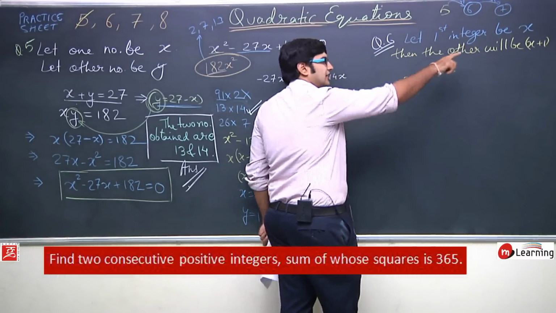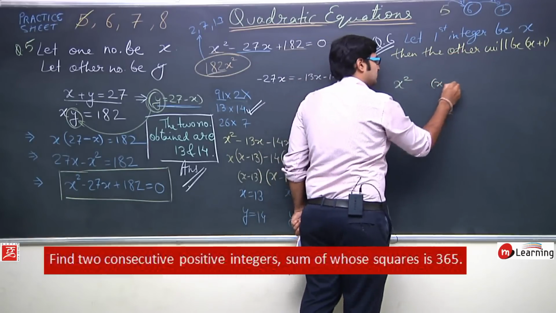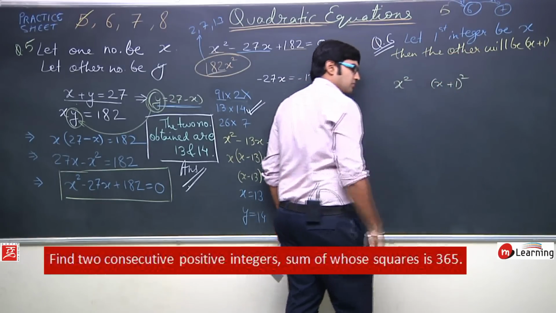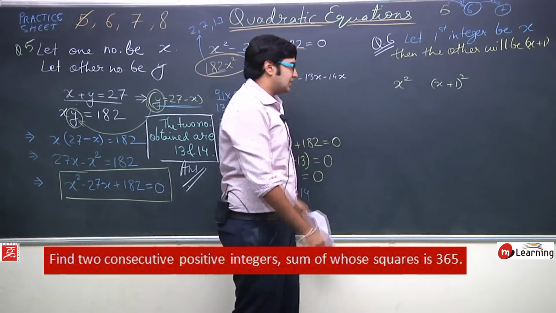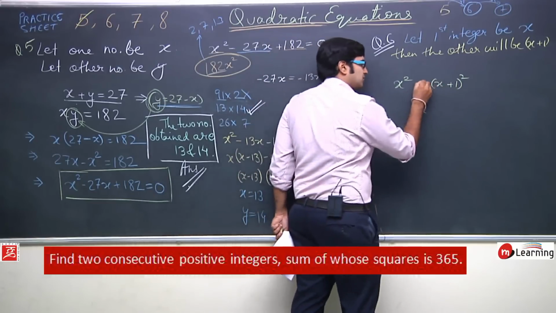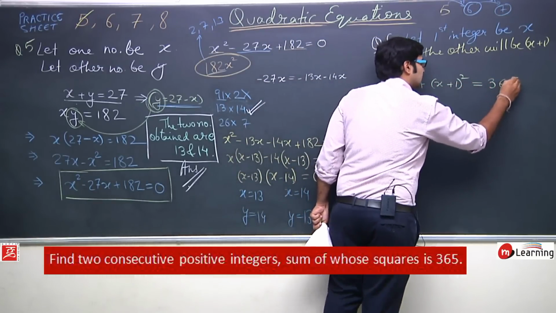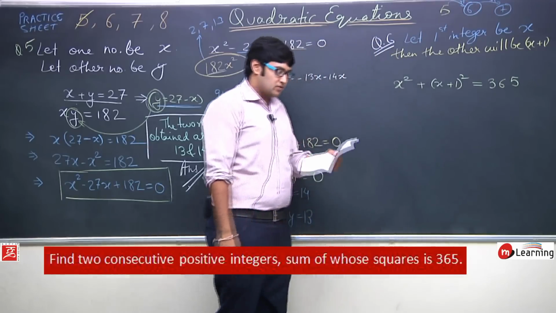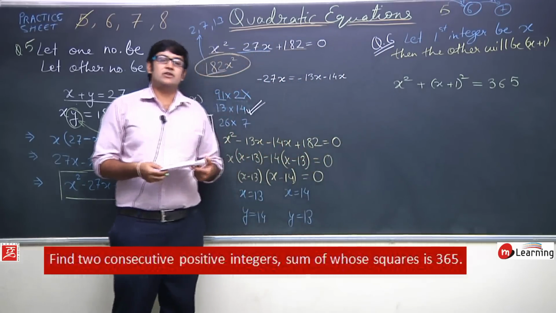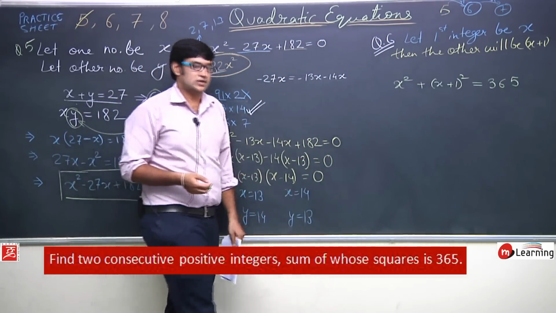And what is the square of the second integer? It will be (x + 1) whole square. So the question says that x square plus (x + 1) whole square is equal to 365. Okay, 365 will be the sum of the squares of both the numbers.